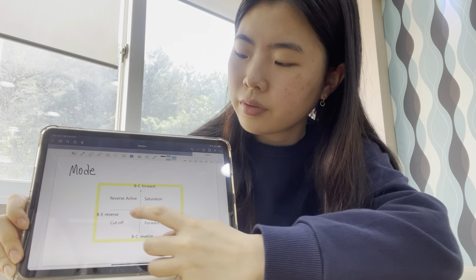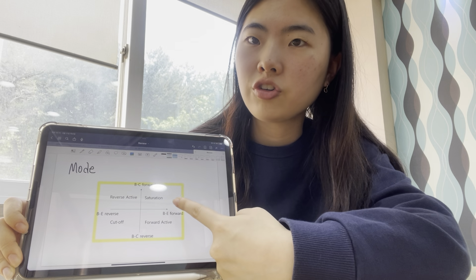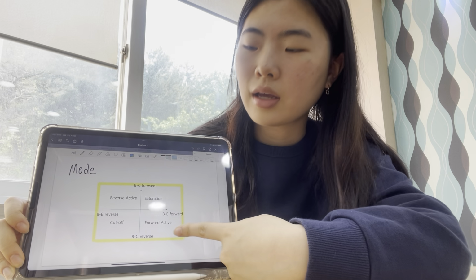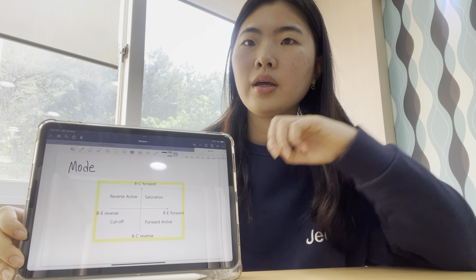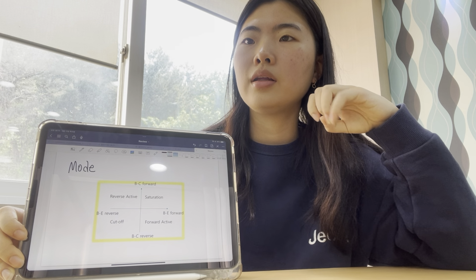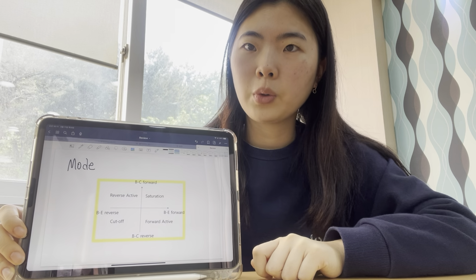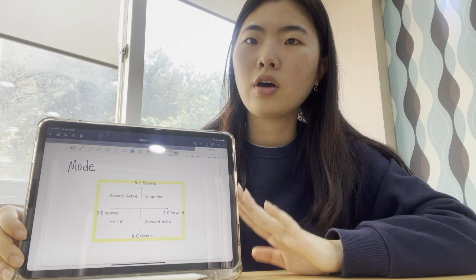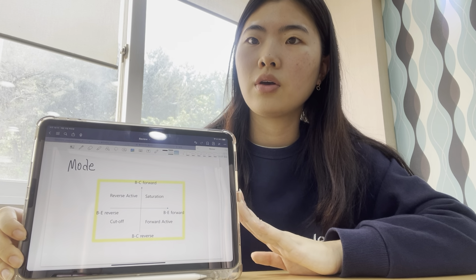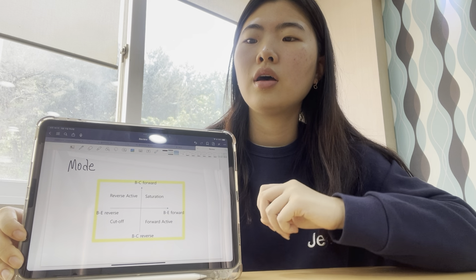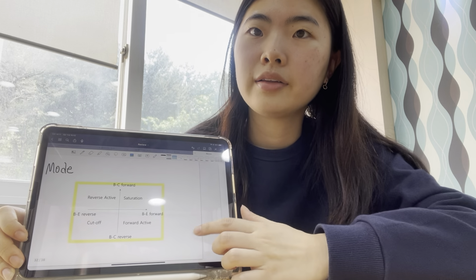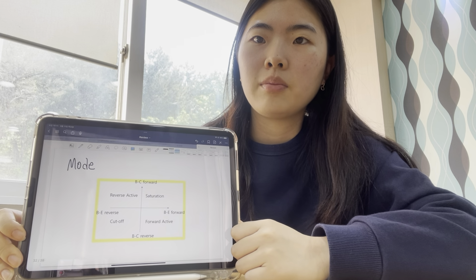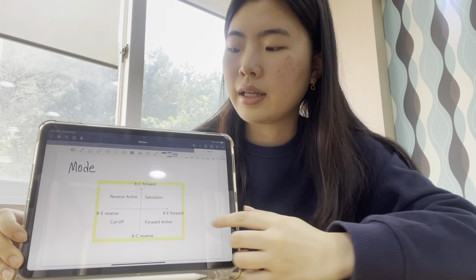Actually, we define three types of mode: active, cutoff, and saturation. So we should change the type of mode and use the BJT more efficiently.